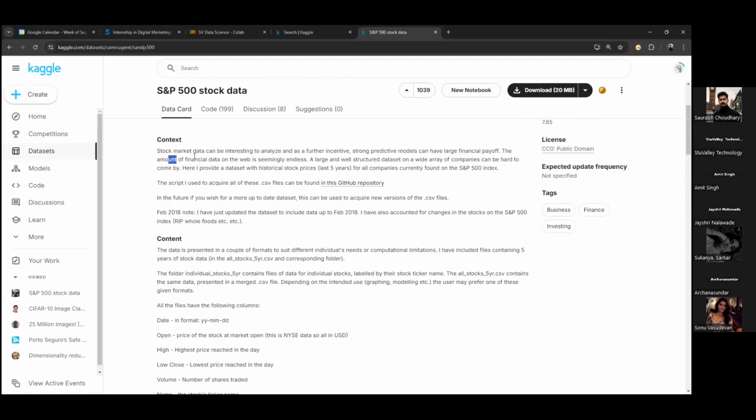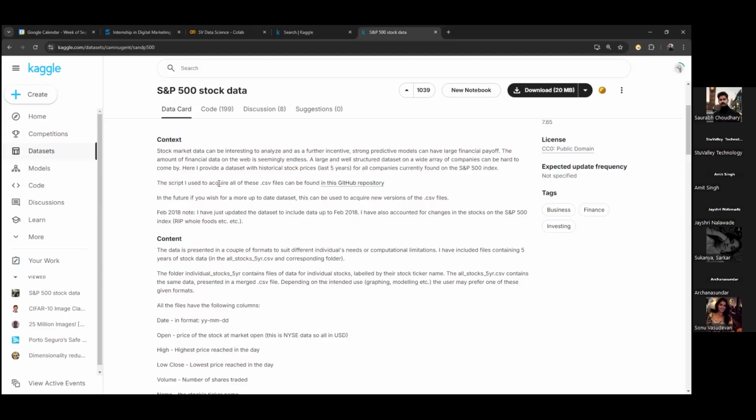The amount of financial data on the web is seemingly endless. A large and well-structured dataset on a wide array of companies can be hard to come by. Here I provide a dataset with historic data of the last 5 years for all the companies currently found on the S&P. Okay, so it's 5 years of data, by the way.